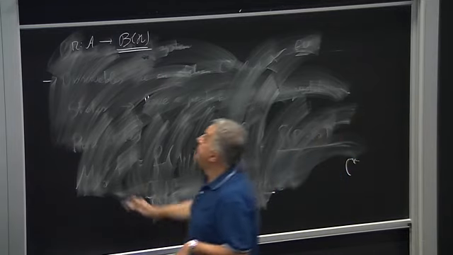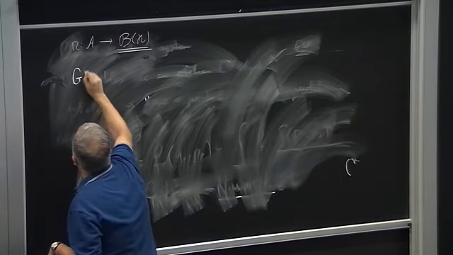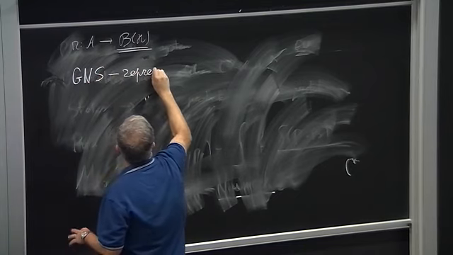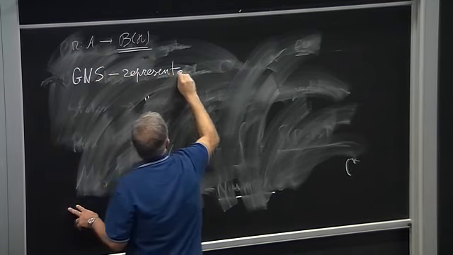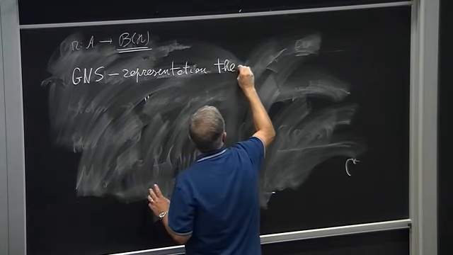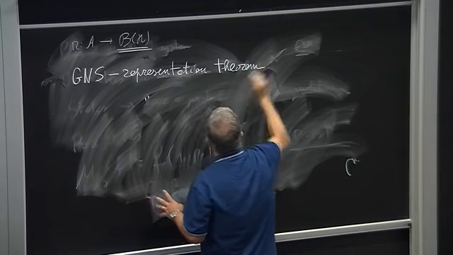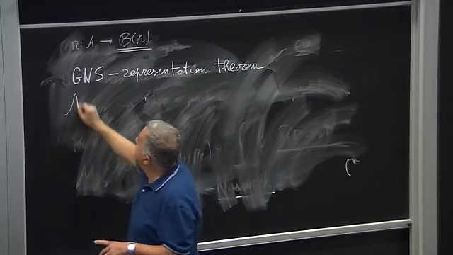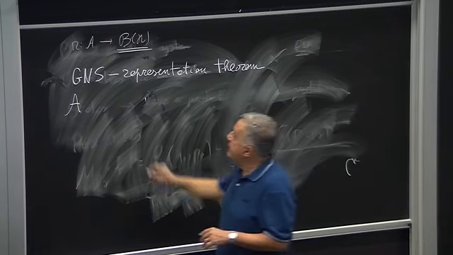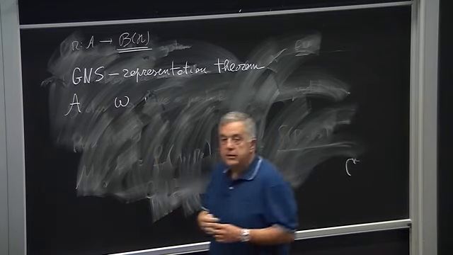And then we have this fundamental theorem, which is called the GNS representation theorem. Give yourself a C-star algebra A and a state omega.